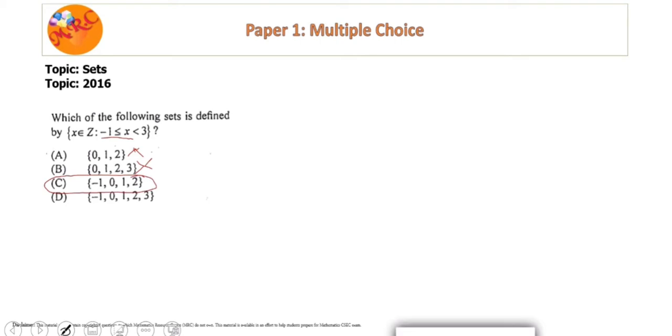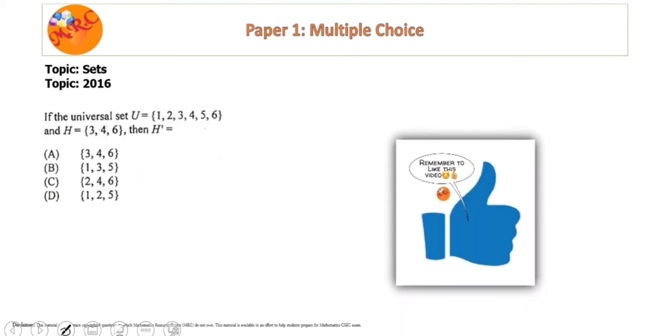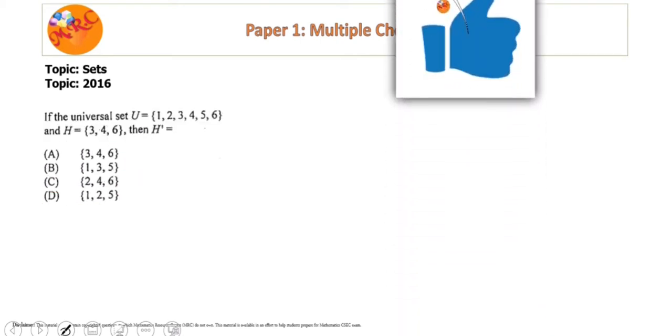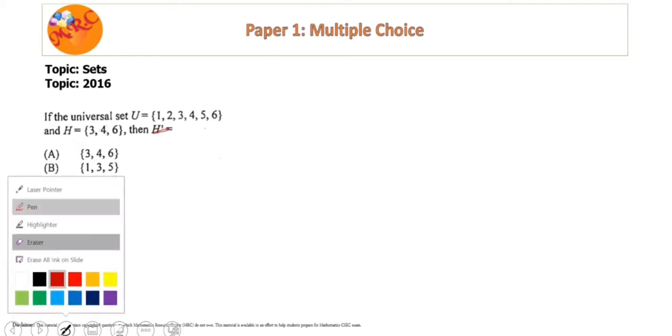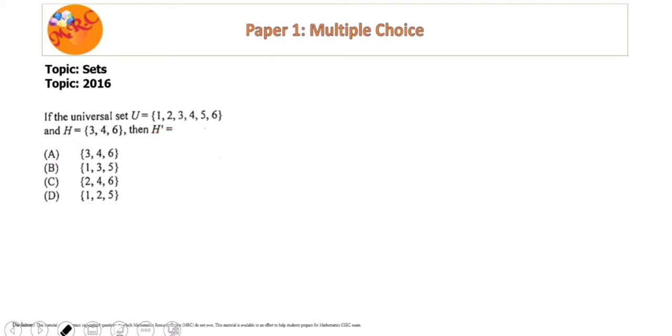Good so far? Continuing. If the universal set U equals {1, 2, 3, 4, 5, 6}, and H equals {3, 4, 6}, then H complement, the little symbol beside the H, equals... Complement means what is not inside the set.